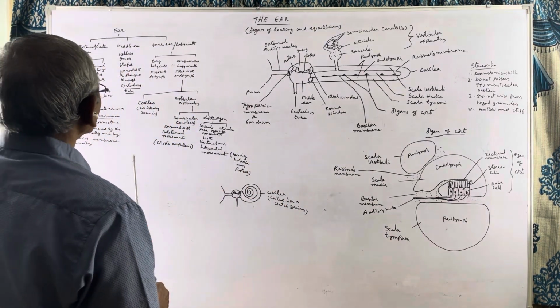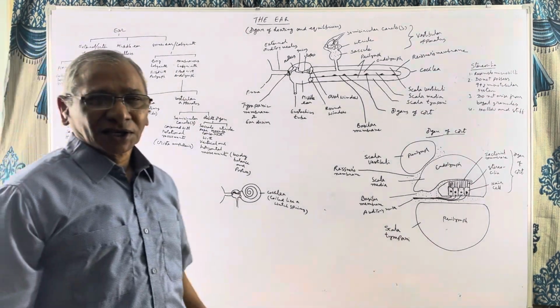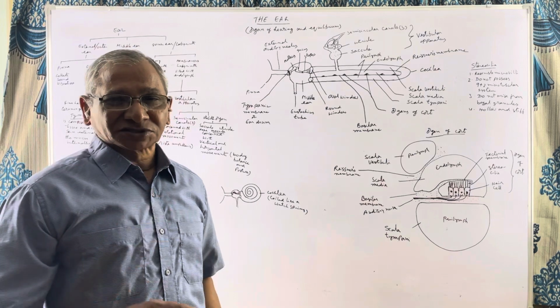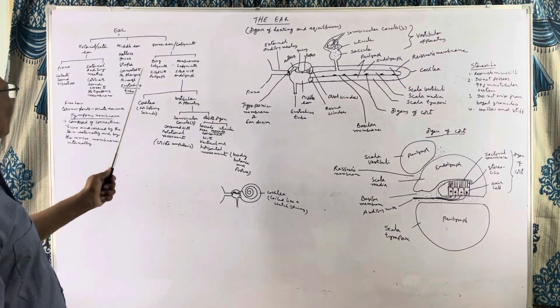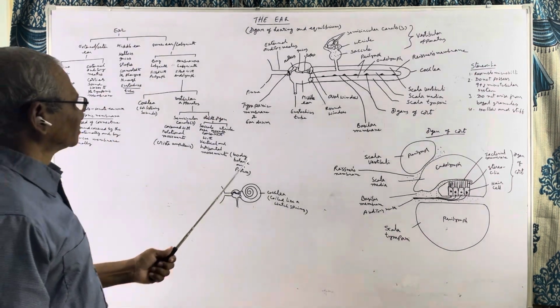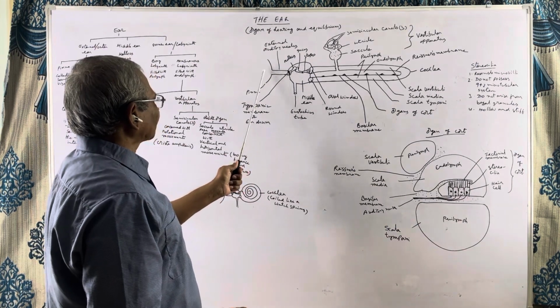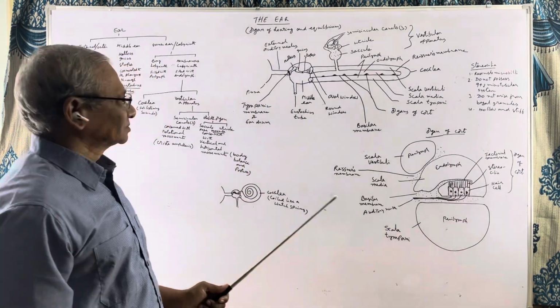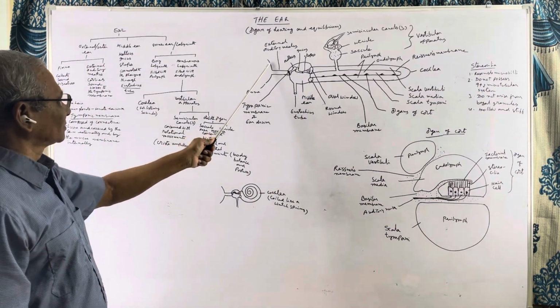Now, coming to the ear, there are three important parts. They are external ear or outer ear, middle ear, and inner ear or labyrinth. This is the external ear from here to here. The external ear has again two parts. Pinna, this is pinna.